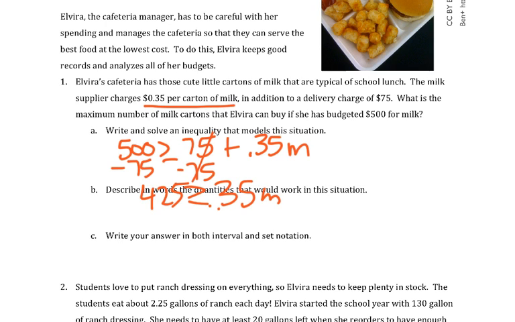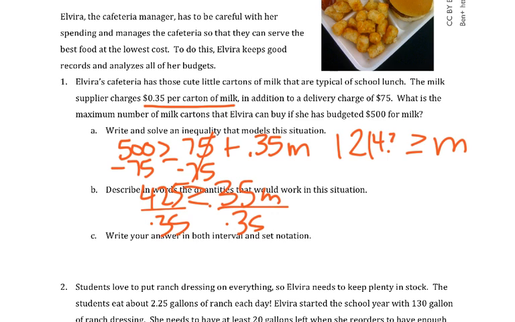Then we get out our calculator because we're going to divide by 0.35, and we end up with about 1,214.2857. Which we can't really have that decimal, so we can just say 1214. It's greater than or equal to m.